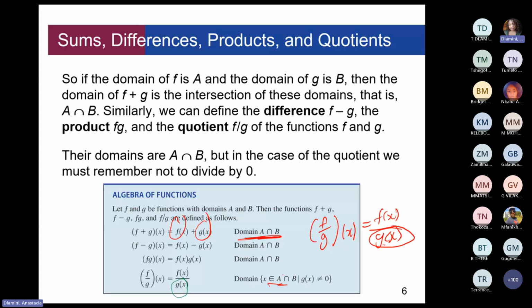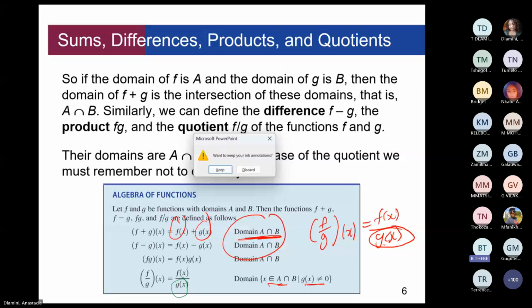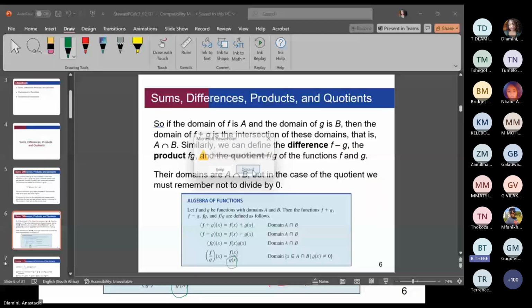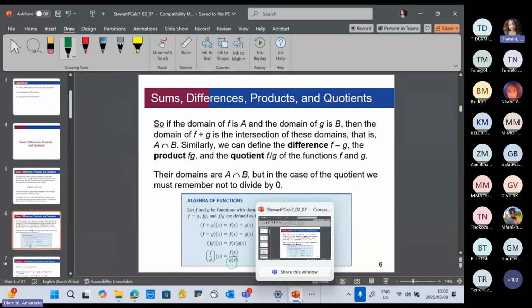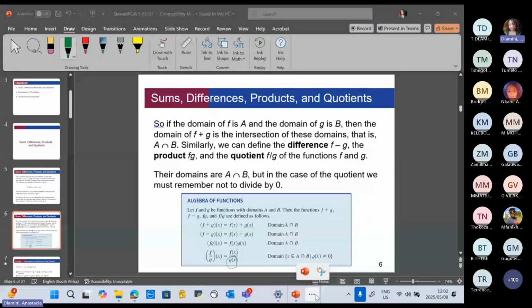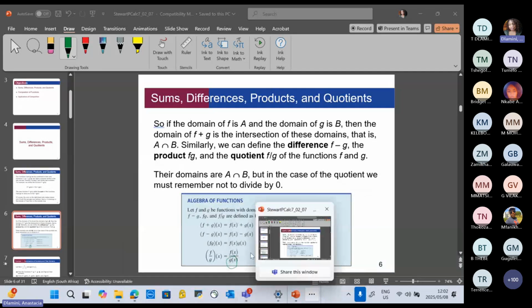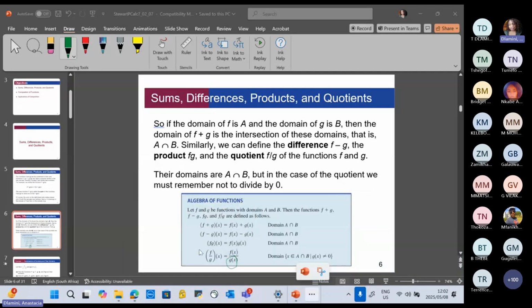It's 0. If you put 0 in that square root, it's gonna be equals to 0, and anything times 0 is 0. So it's gonna make our denominator 0, which is undefined. Thank you. So that's what they're saying: if you're dividing f of x by g of x, the domain is the same as the above, except for the values of x that will make g of x equals to 0. So let's go and see.